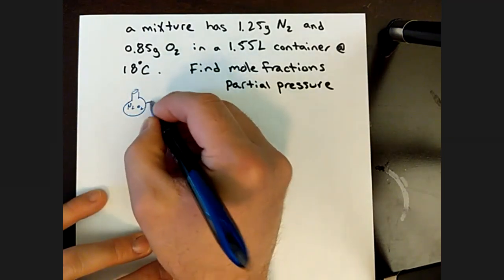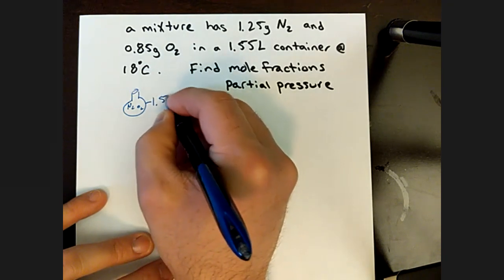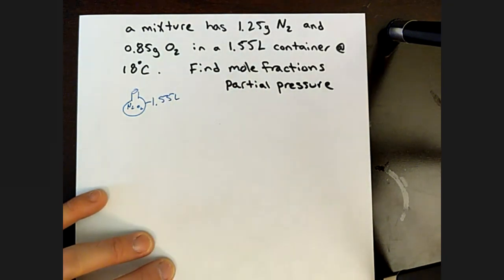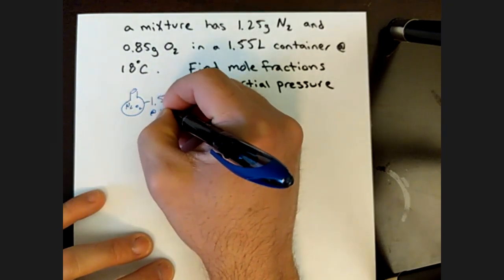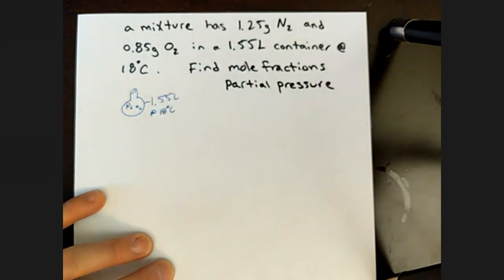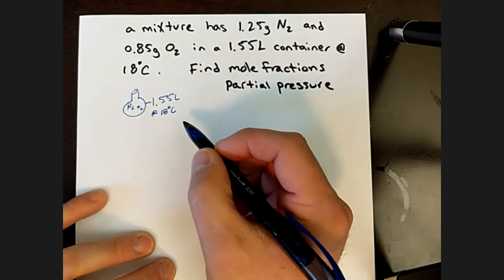we know the volume here is 1.55 liters. Obviously, the gases take up the entire canister, and both of them are at 18 degrees C. So everything is the same for the two gases.